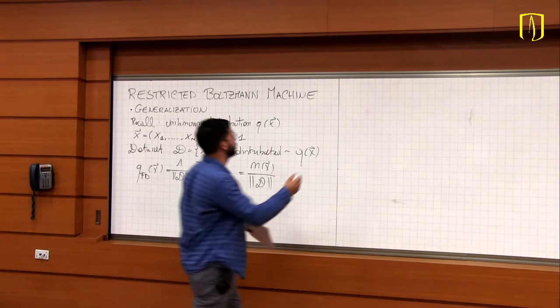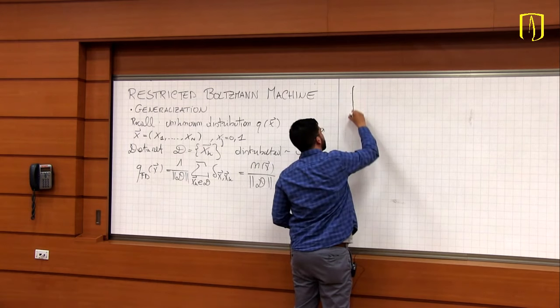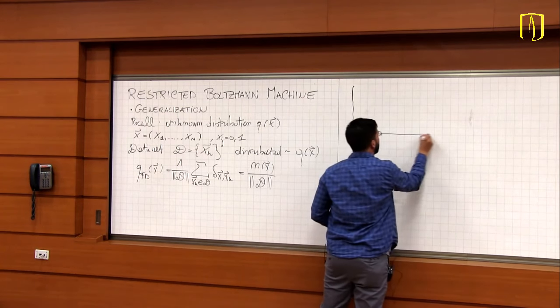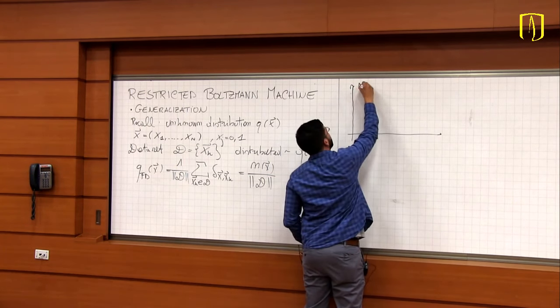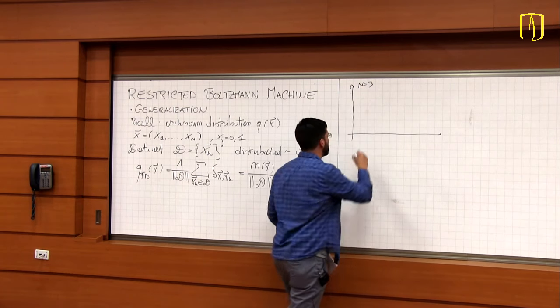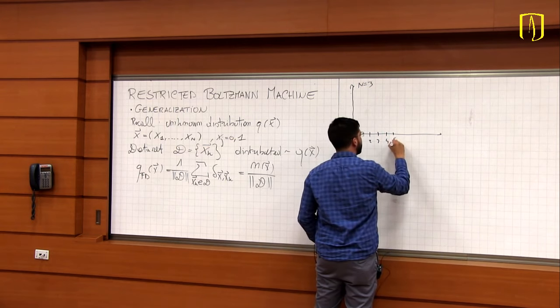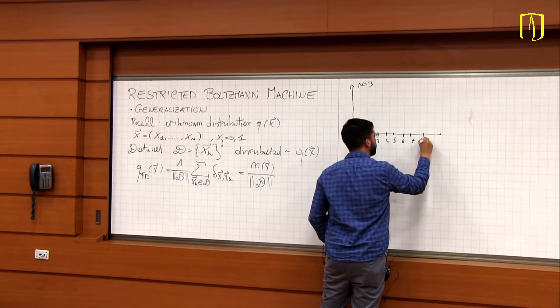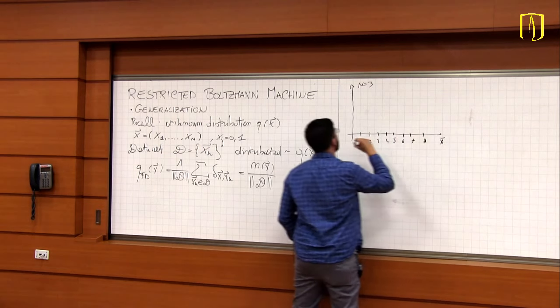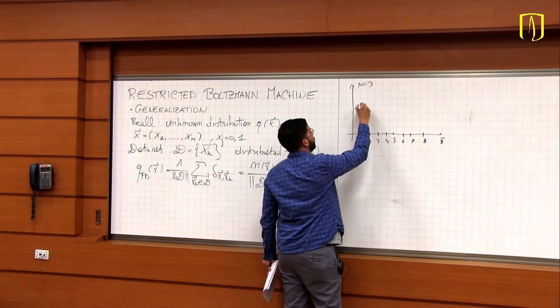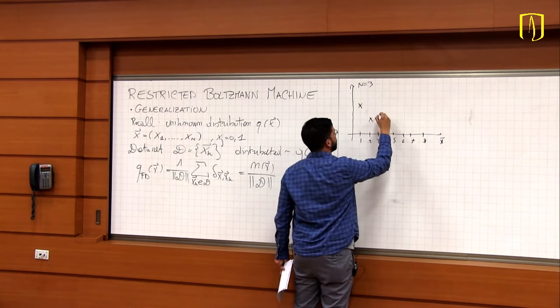So essentially what you're doing is, let's do an example. Say that you have 3 variables, so you're going to have 8 possible states. This is X, and your unknown distribution is going to have some shape.